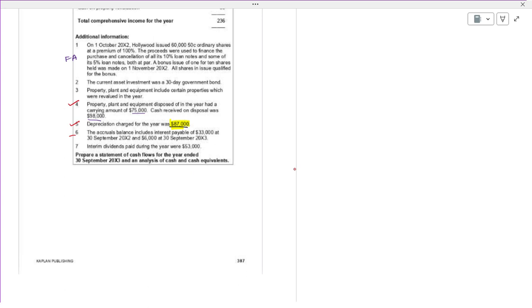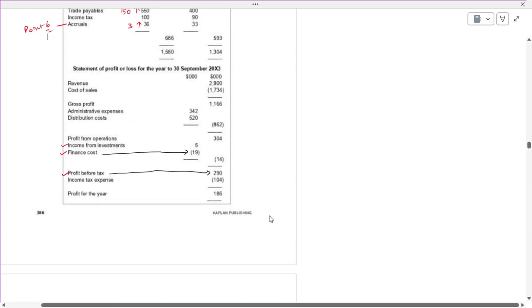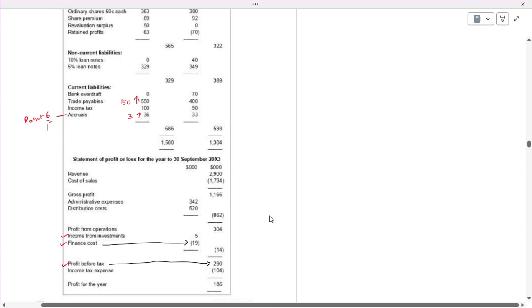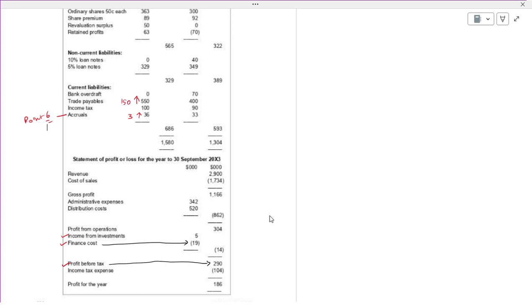Accruals include interest payable. How much is the opening balance of accruals? 33. Closing balance? 36.